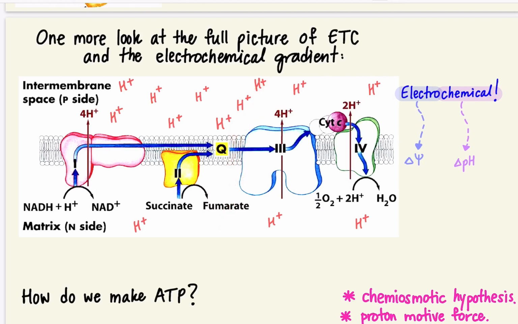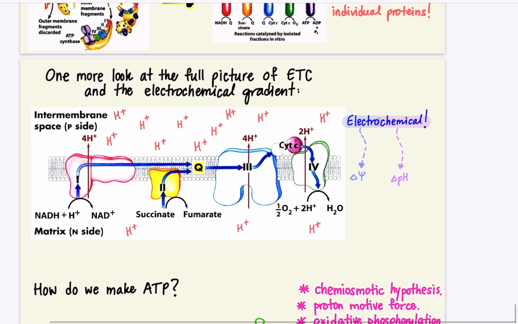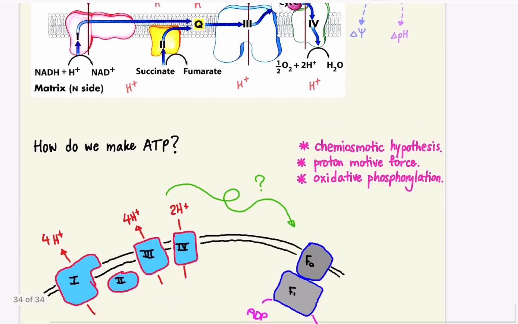And that's exactly what the ETC wants to do. It wants to make a situation where the protons will want to come in. And why do we want to do that? Well, because that's the main way of making ATP.